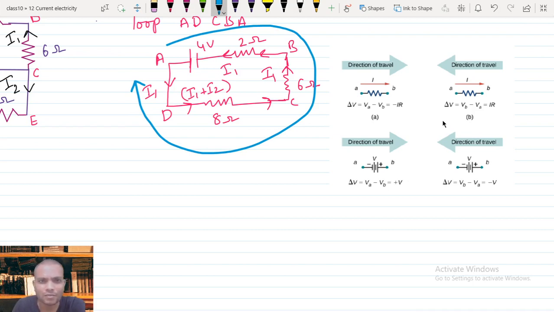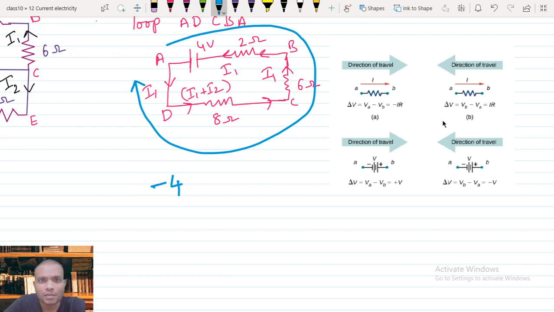It's nothing big. If I am traveling in this direction, it means I am traveling in the clockwise direction. So when I cross the cell from positive to negative, my direction of travel is from positive to negative. In that case, I need to consider that potential difference value as negative. So here first I will get -4.